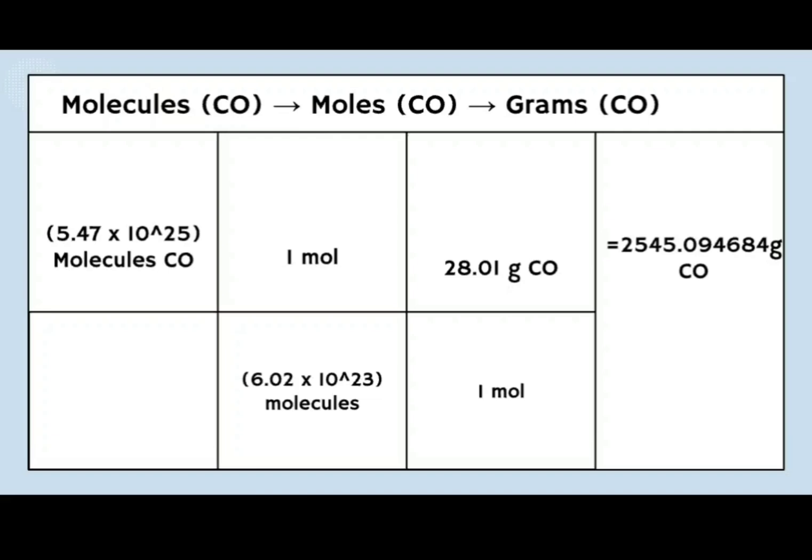So we divide by our molecules and then multiply by the molecular mass of carbon monoxide, which is 28.01, and then you should get 2,545.094684 grams of carbon monoxide. So this is the original value, and whatever we get for our excess reactant should be less than this.